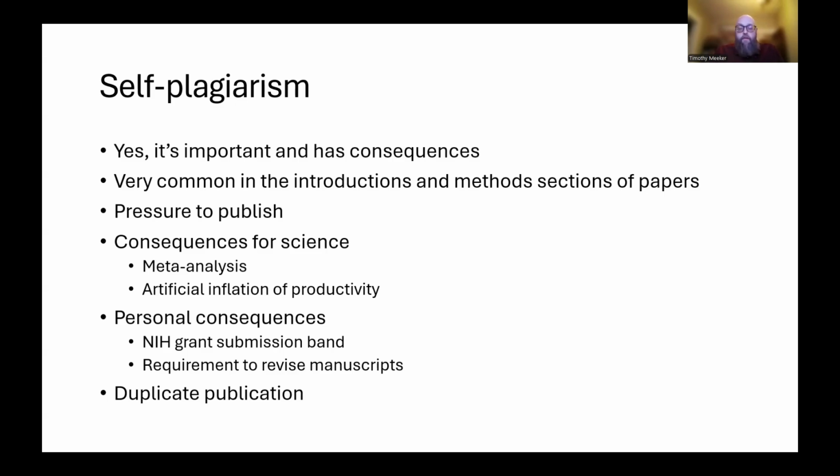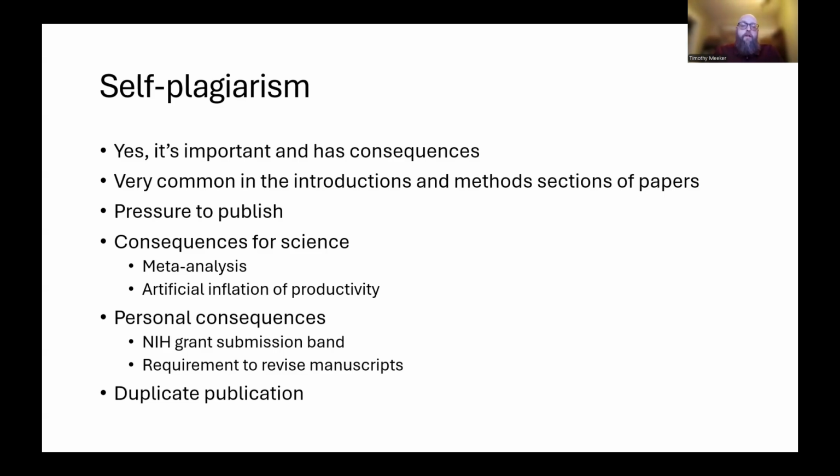In the extreme, self-plagiarism results in duplicate publication, which I've seen, and I've seen justified. Where have I seen it? I've seen it where there are rare patient populations, and they'll present the same data in two different locations. And the justification is sometimes that this is a publication that's in one language, or the publication is in English, or this is the main publication, and the audience that's going to see the paper published in another language is not able to see it.